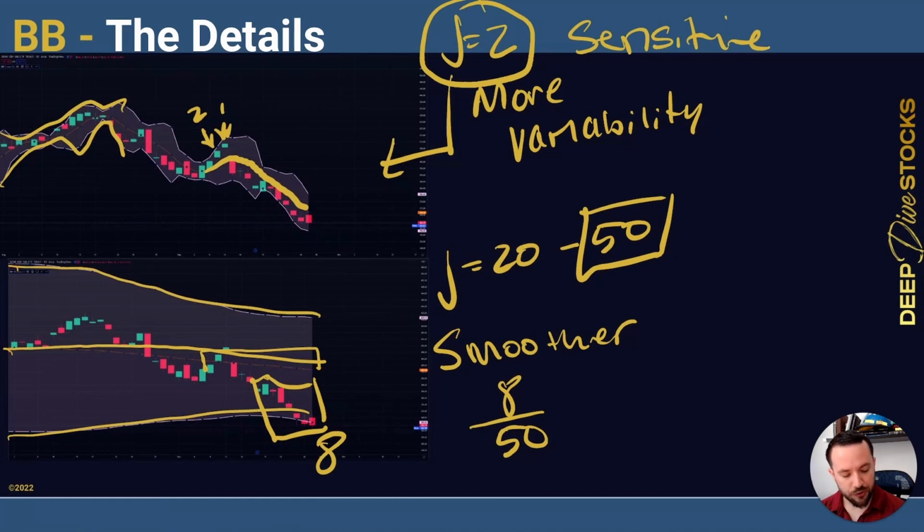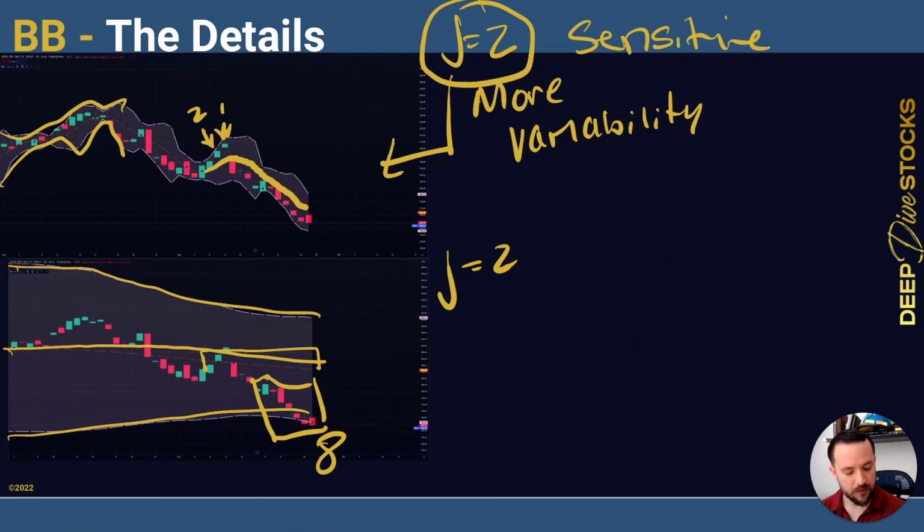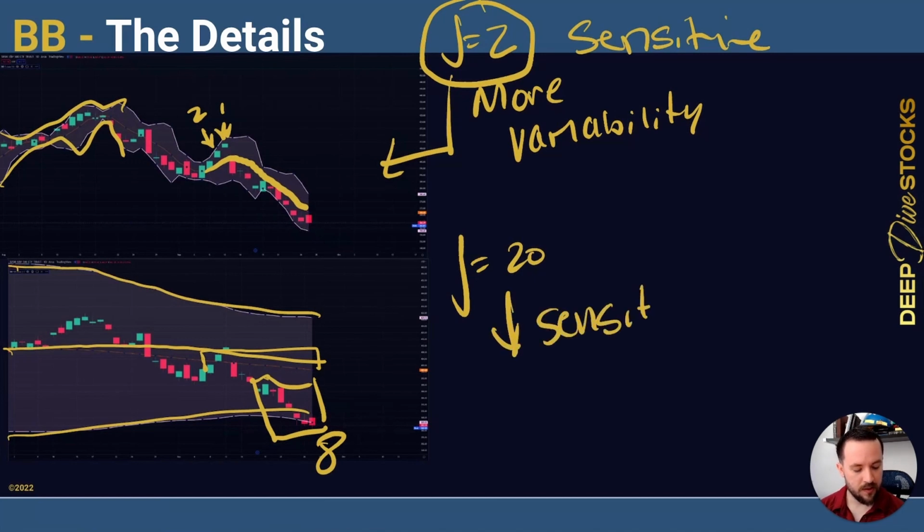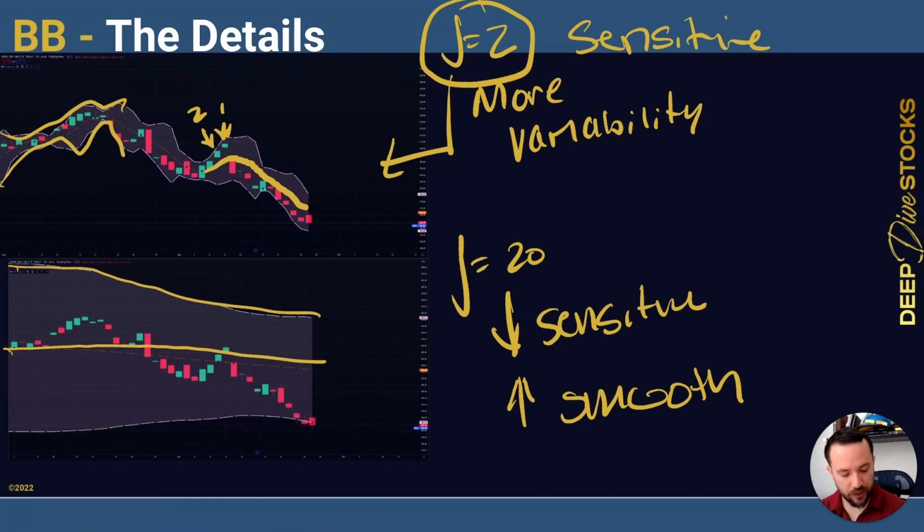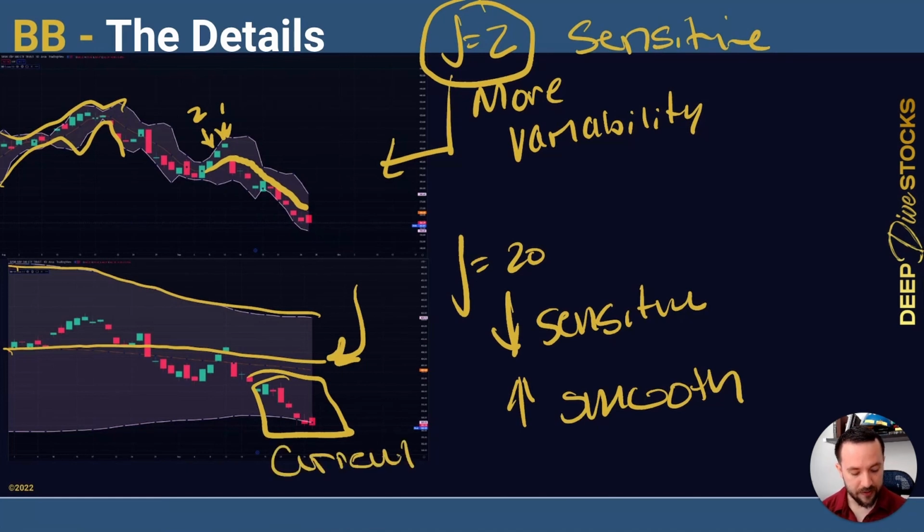Whereas if we increase J significantly, to 20 or 50, these are just random numbers, we decrease our sensitivity, but we increase the smoothness and the overall efficacy of what the data is telling us. But then again, we note the decrease in sensitivity, because we could have big price drops like we see here, and overall nothing really changes because we're not quite as sensitive to the current change in the data.